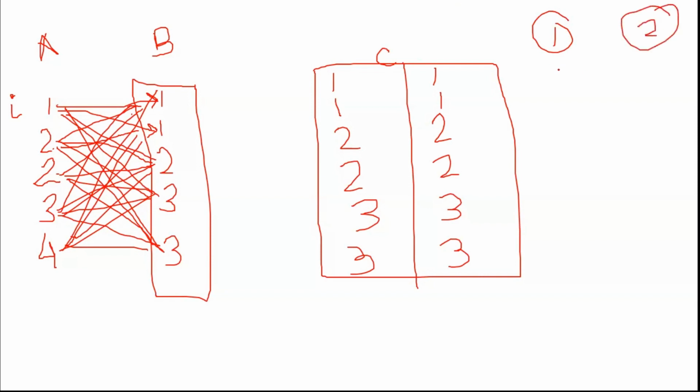Table number 1 contains the value 1 five times, and table number 2 contains the value 1 three times. What is the result of an inner join? You will get 15 rows.